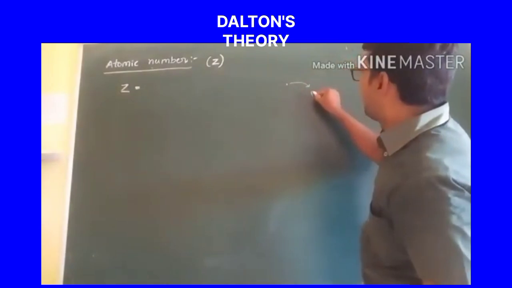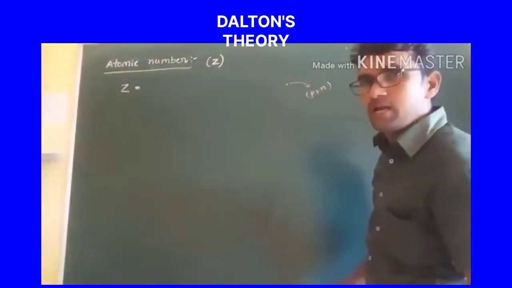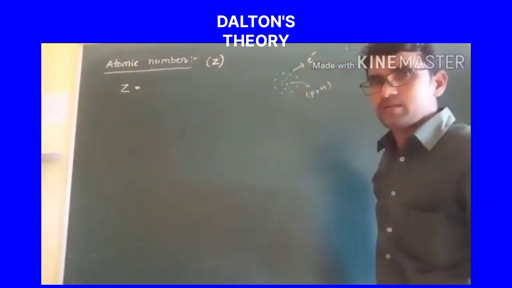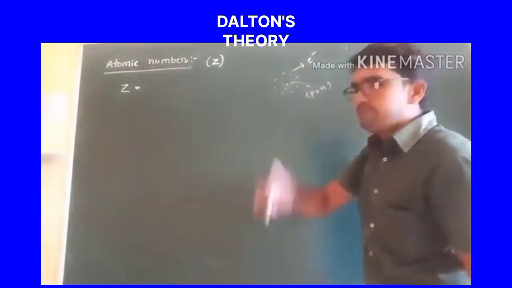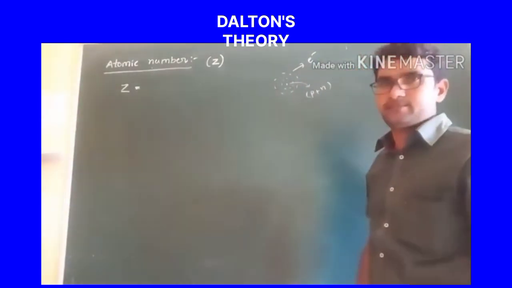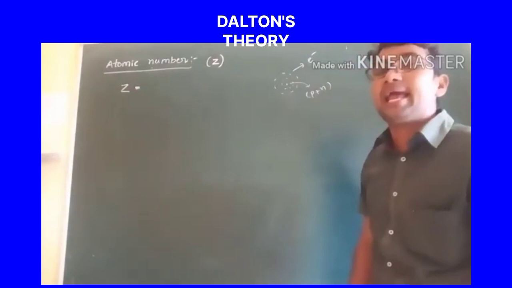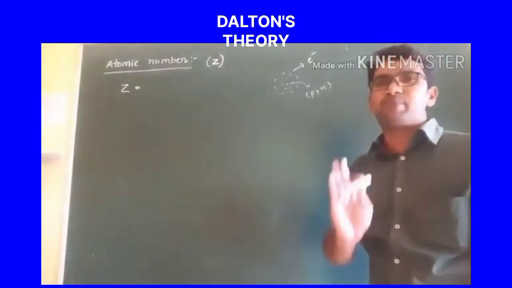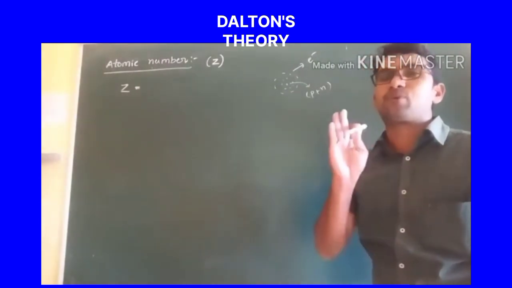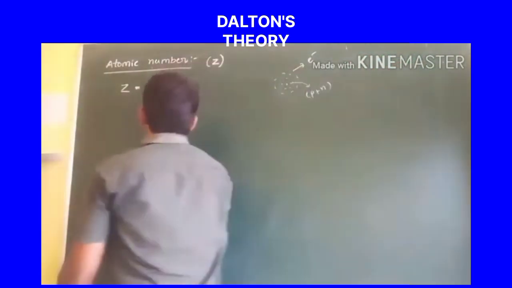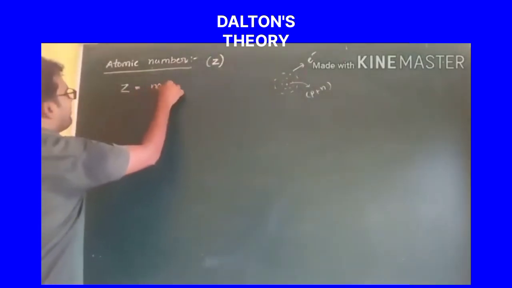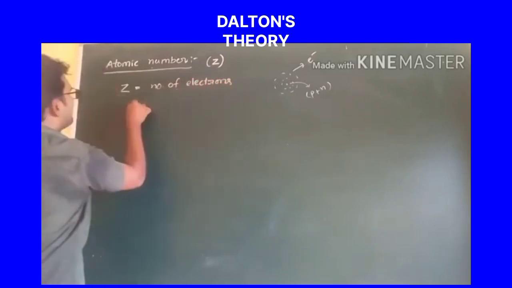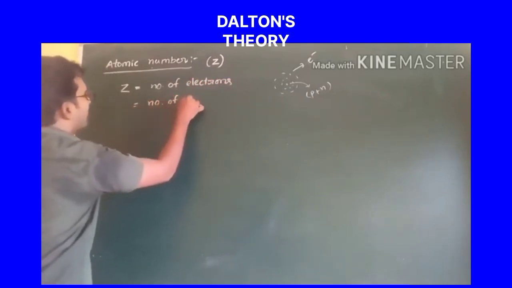Inside the nucleus, protons and neutrons are present, but electrons revolve around the nucleus. Z means number of protons or number of electrons. So in any atom, the same number of electrons and protons are present. So what is Z? Z equals the number of electrons, or Z equals the number of protons.